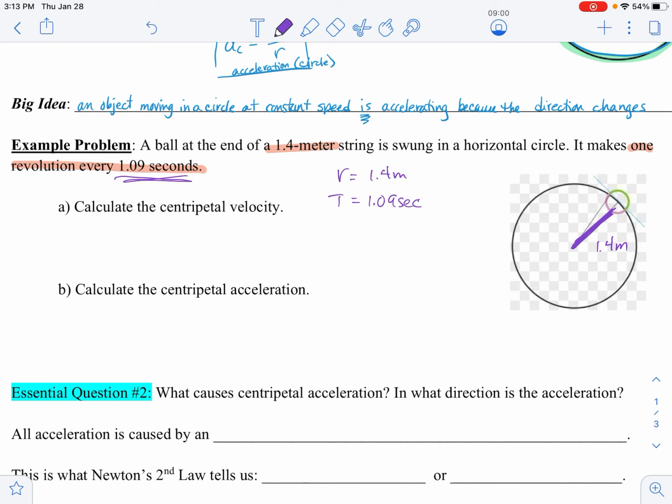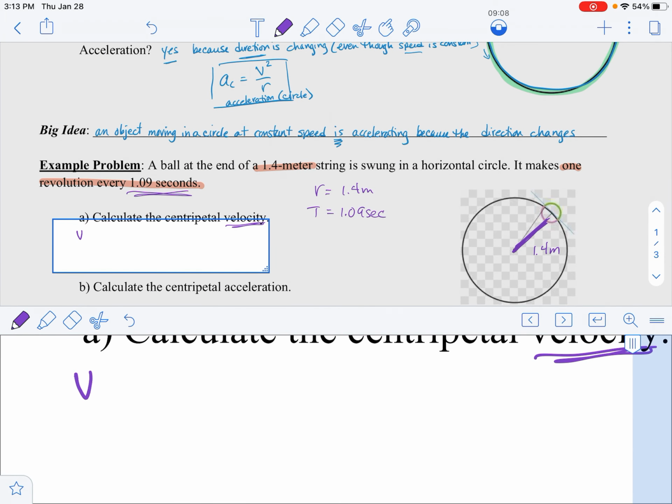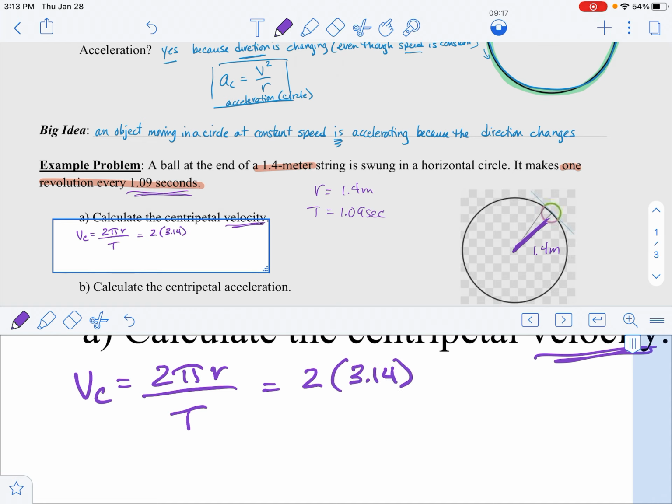So then we have to find the centripetal velocity. We know that our centripetal velocity is 2 pi r over capital T. I'm just going to use 3.14 for pi. That'll be accurate enough for us. Times 1.4 meters. Where'd the 1.4 meters come from? Good for you. That's the radius. And then down here, I need capital T, the period of revolution. That's going to be my 1.09 seconds.